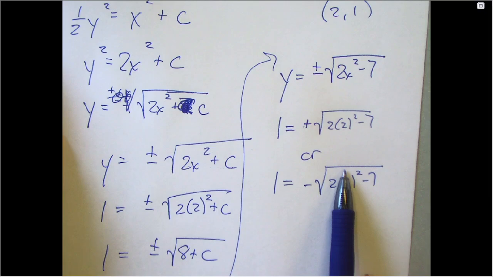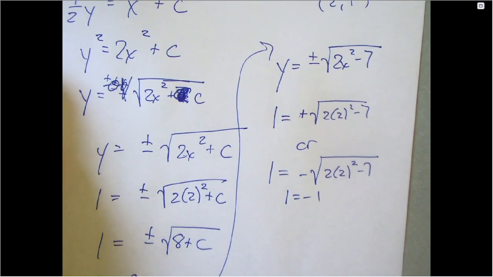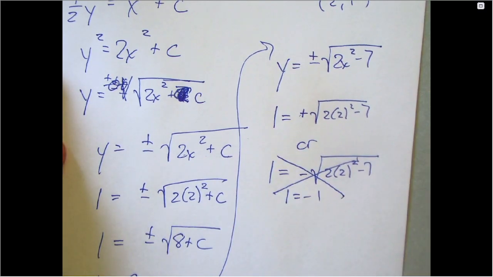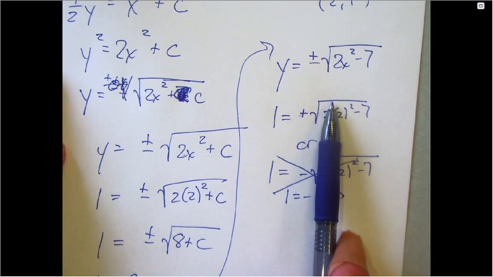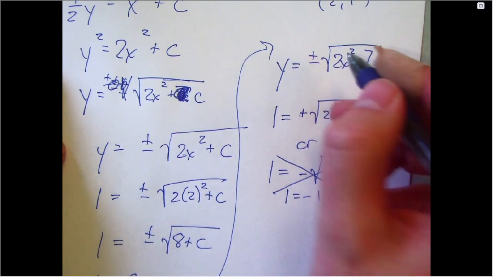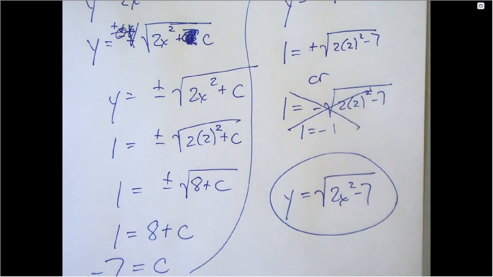The square root of 1 is 1. But then there's a negative. And this one ended up saying 1 equals negative 1. So that's no good. This one, 8 minus 7 is 1. Square root of 1 is 1. Positive 1 equals positive 1. So now we know that the positive one is the only one that works. We rewrite it and we just remove the plus or minus because we know it's positive.